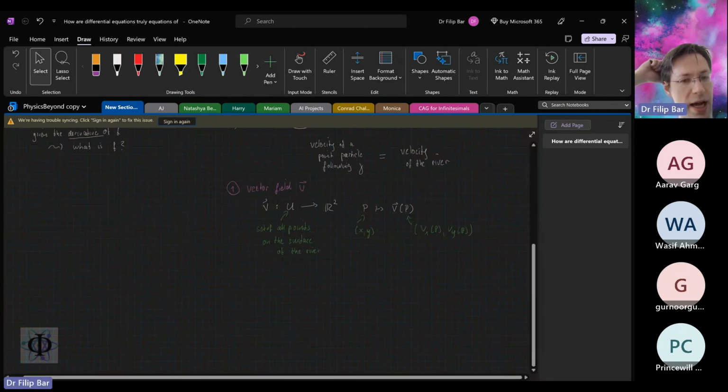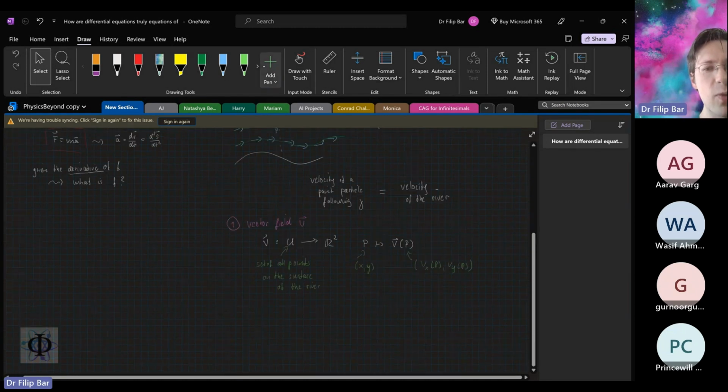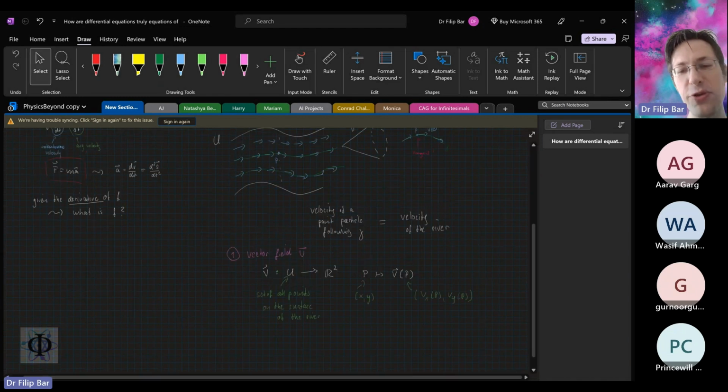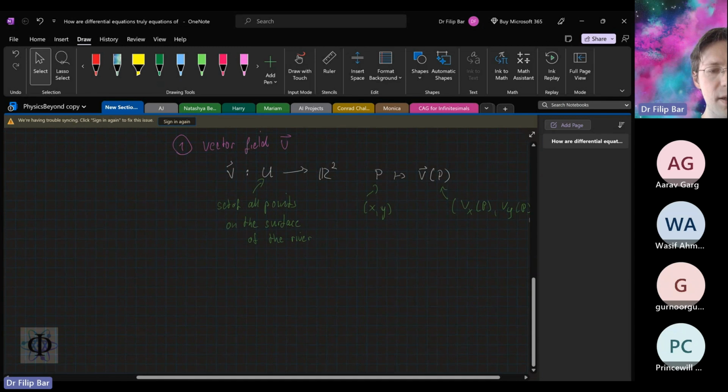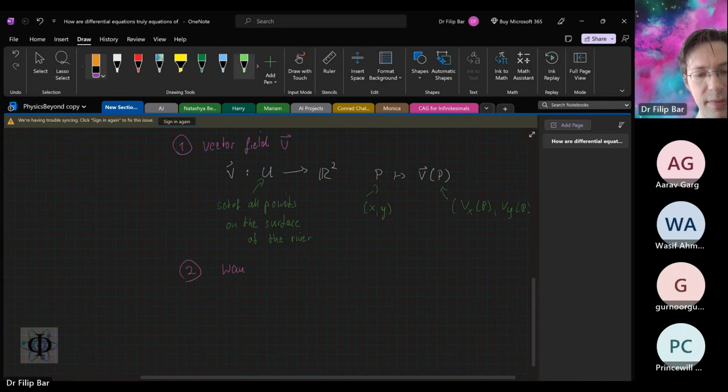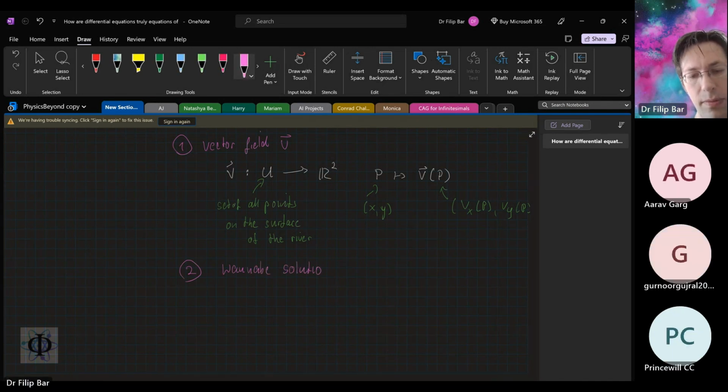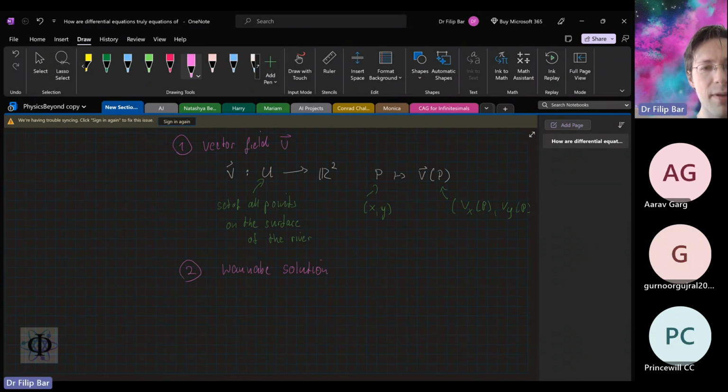Okay, that is the next thing. Then we've already learned what a wannabe solution is. The solution, let's talk about our wannabe solution, is that we want to have a path, right?